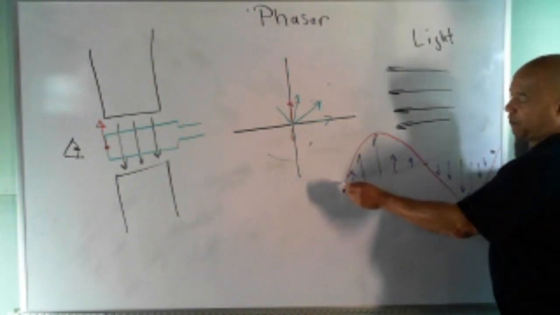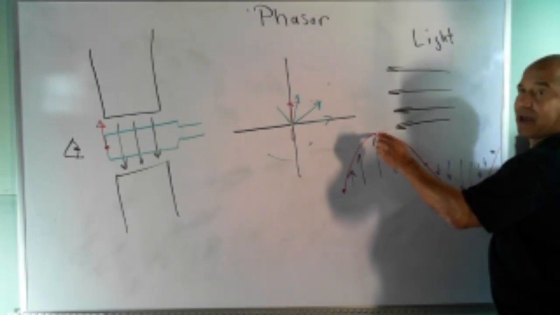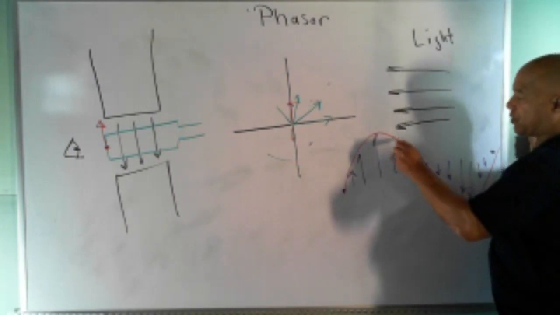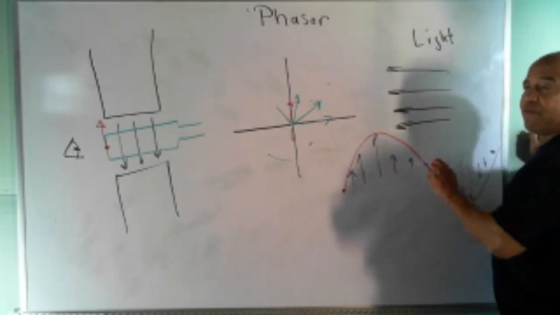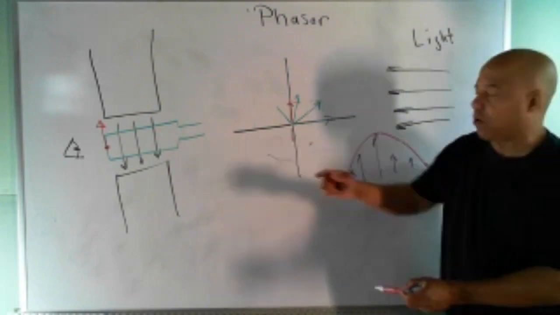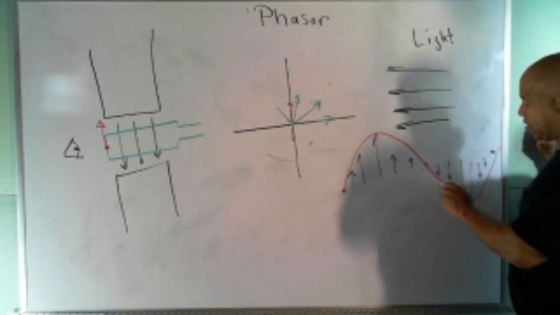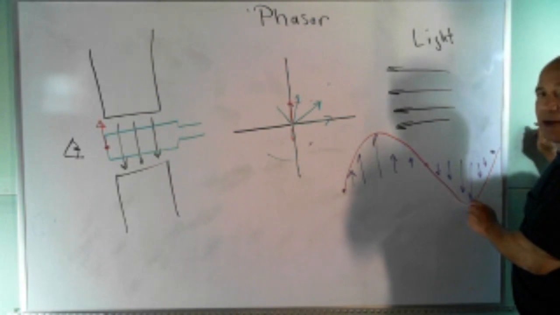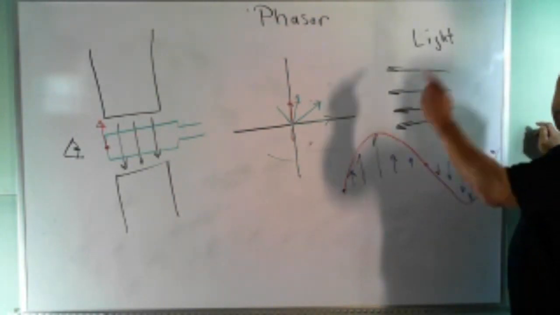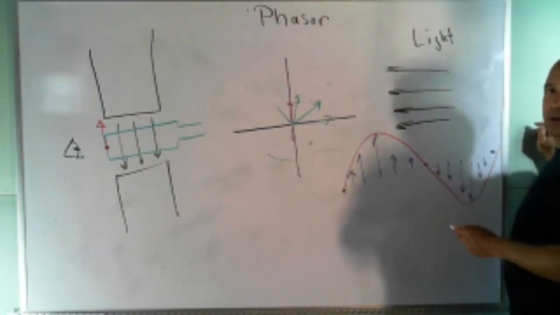No force here. The force rises up to a maximum amount. Then the force starts to drop off back to 0. And then the force flips because of the right-hand rule. It goes the other direction. It starts to push charges the other way up to a maximum amount. And then it shrinks. And then it starts to repeat this over and over again as it goes around the circle.